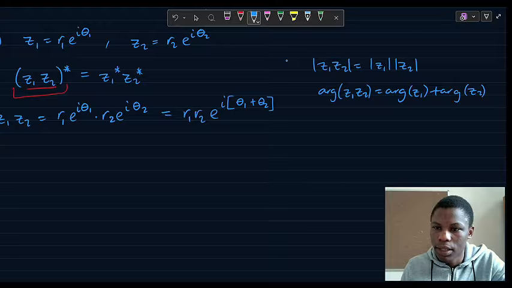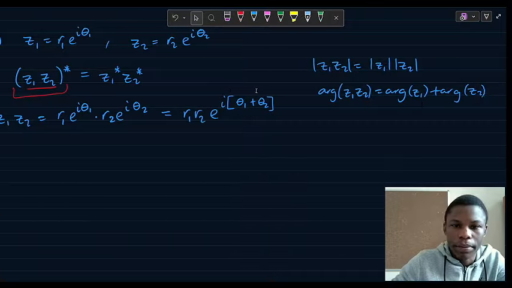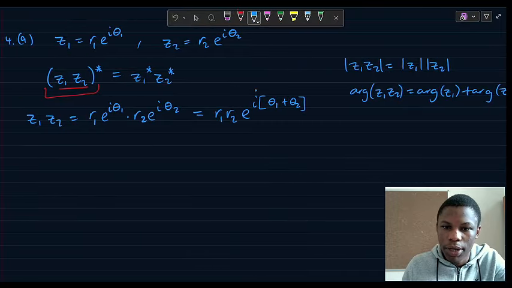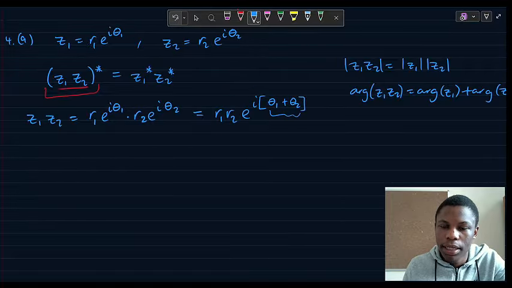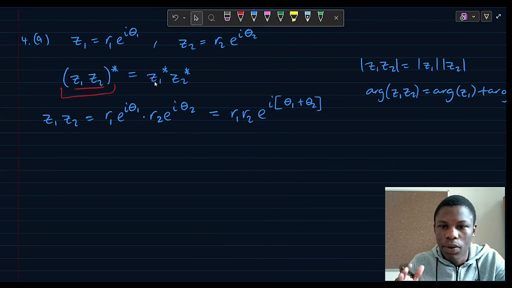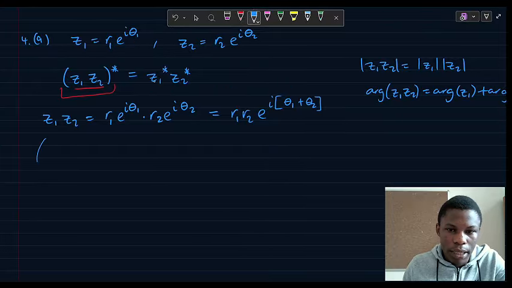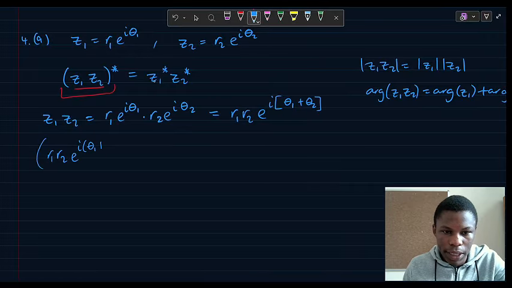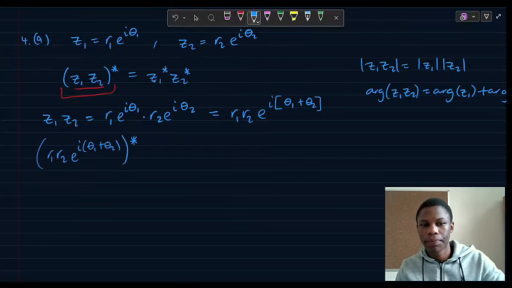That's a plus sign, not a G. Okay, so that's why we multiply the moduli, and that's why we add the arguments there. All right, so this is Z1 Z2. So if I put that in brackets, I know that I've got R1 R2 e to the i theta 1 plus theta 2. And what we're actually interested in is the conjugate of this thing.